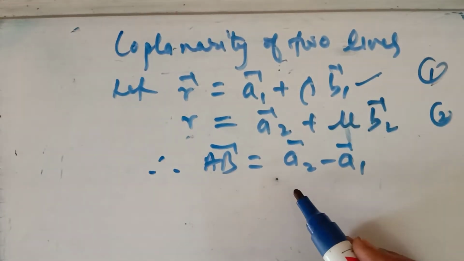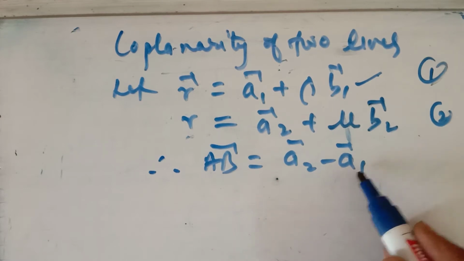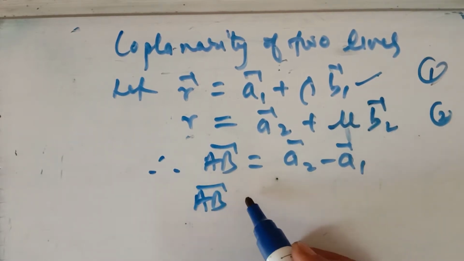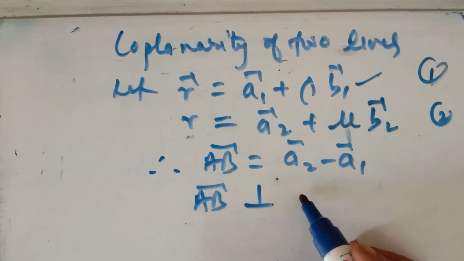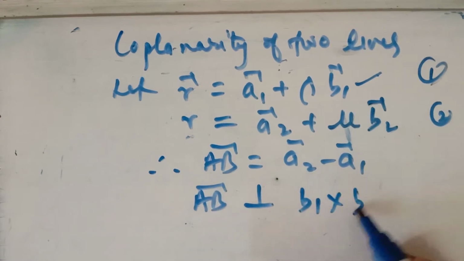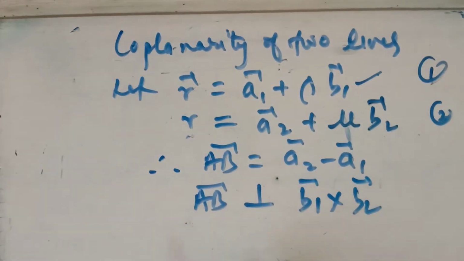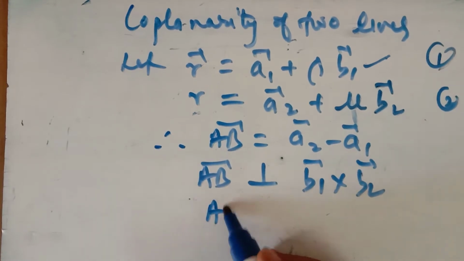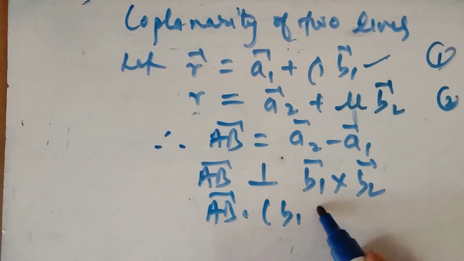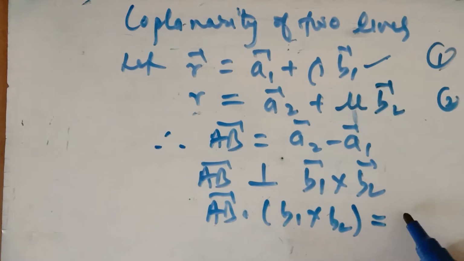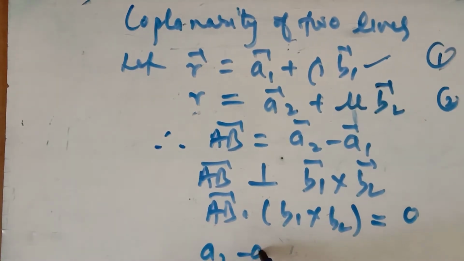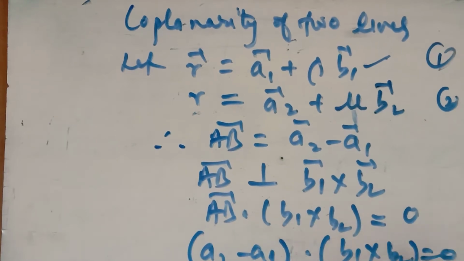Now, the given lines are coplanar if and only if vector AB is perpendicular to b1 cross b2, that is, AB dot (b1 cross b2) is equal to 0, that is, (a2 minus a1) dot (b1 cross b2) equals 0.